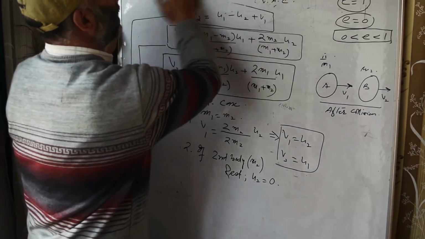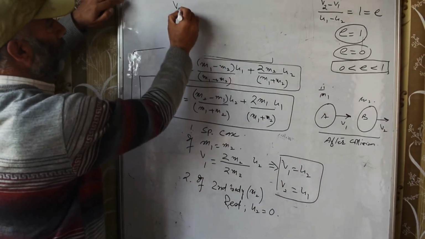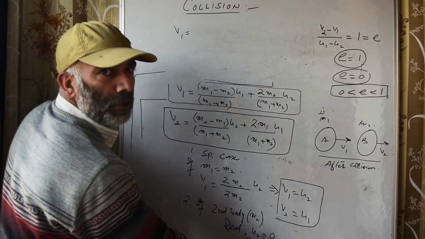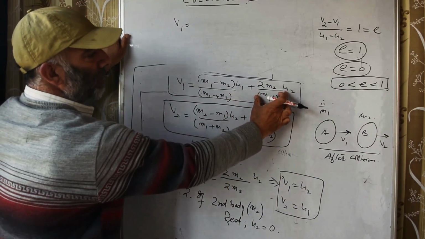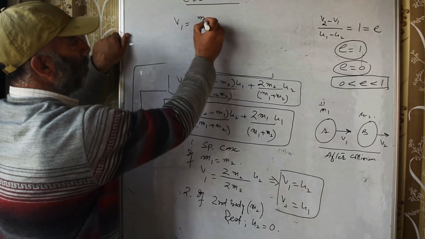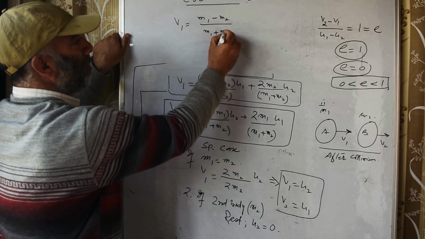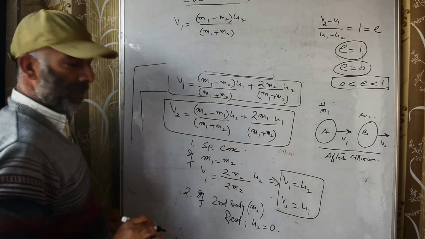Look here. This is the case when we have to take U2 equal to 0 because the second body is at rest. So V1 will be equal to (M1 minus M2) by (M1 plus M2) into U1.